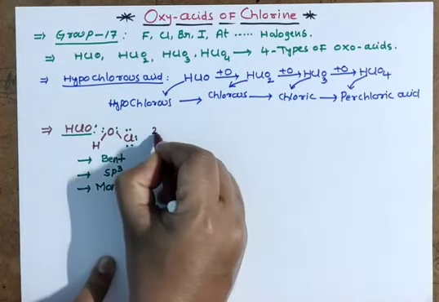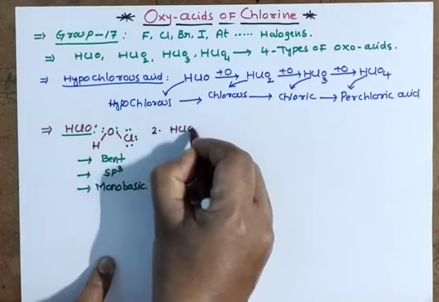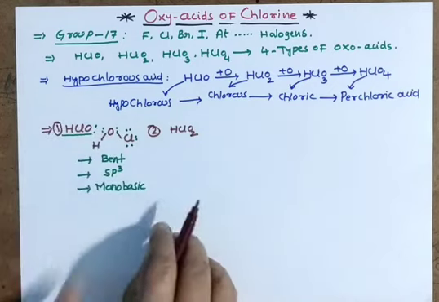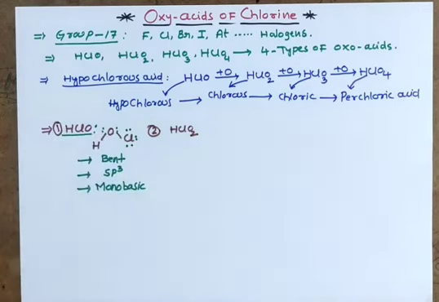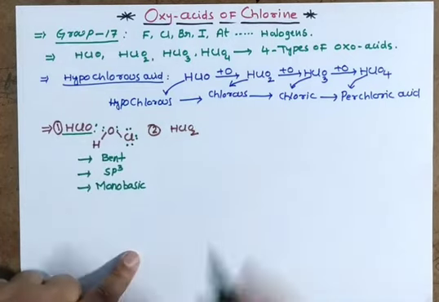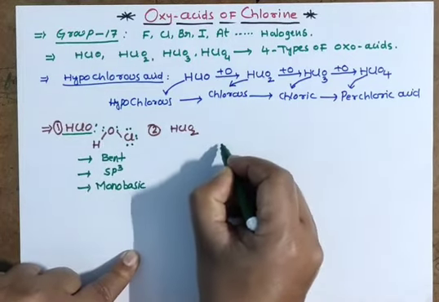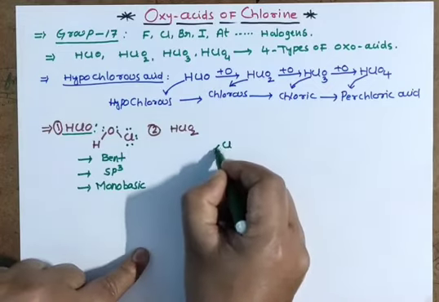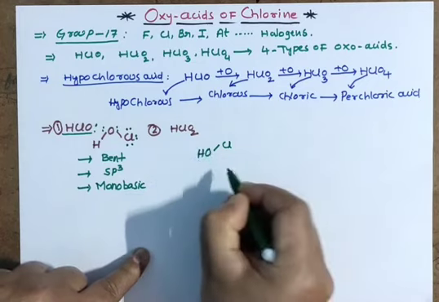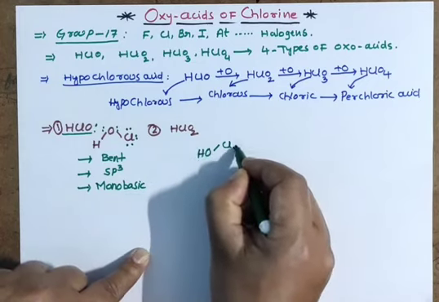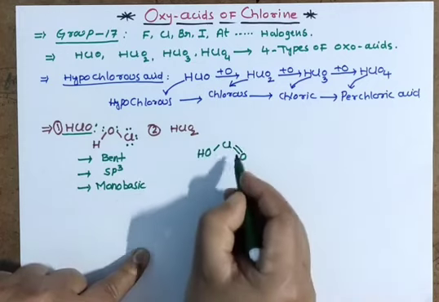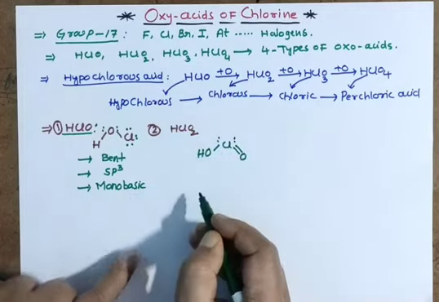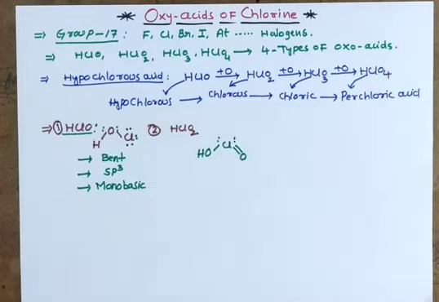The next one you go for HClO2. HClO2 name is chlorous acid. Chlorine is the central atom. In an oxy acid one OH bond is compulsory, and another oxygen is there that is double bonded. 3 electrons are bonded, remaining we have 2 lone pairs on chlorine.